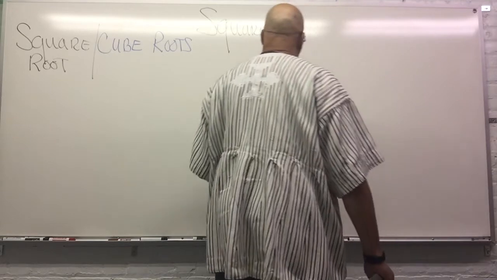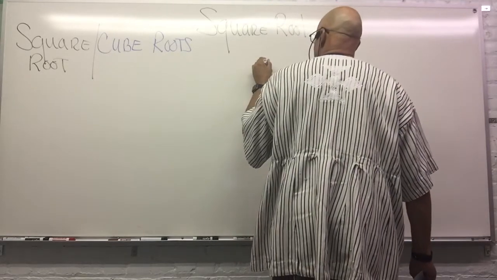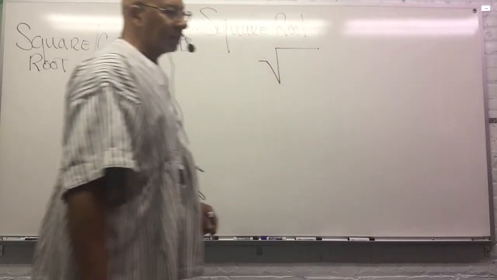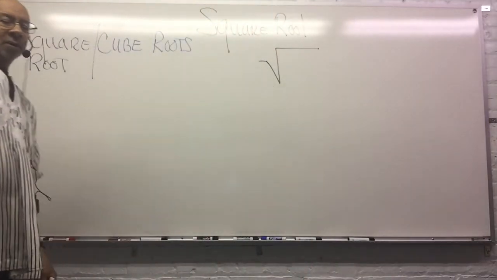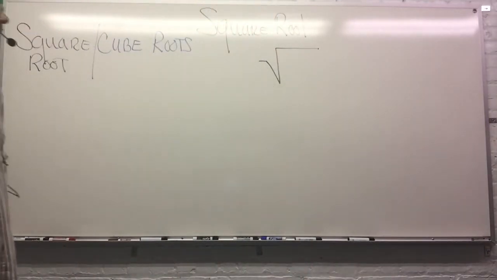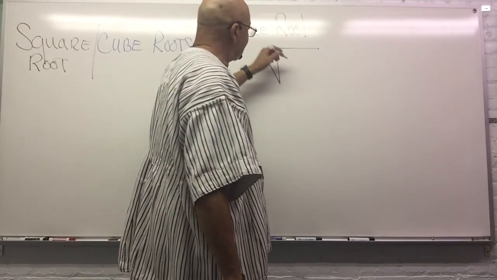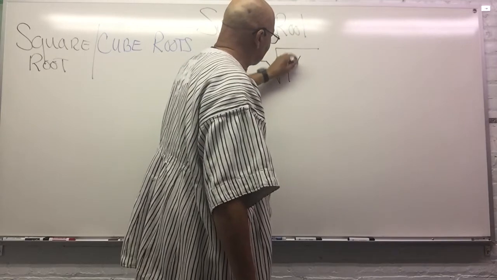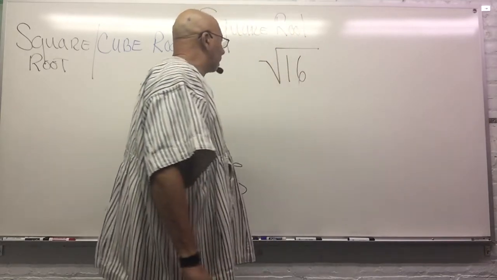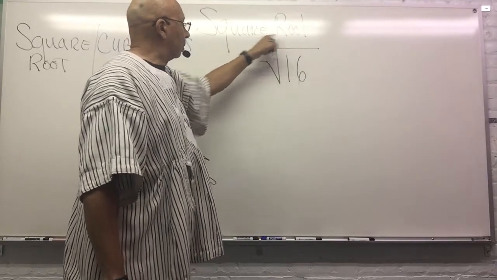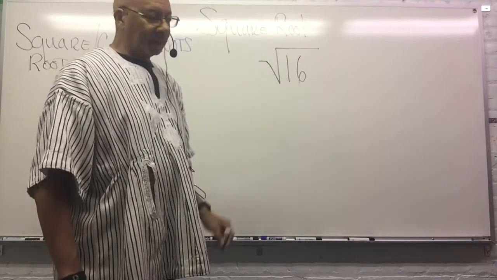Square root has a symbol, it looks like a division sign, but it has a little slanted front to it. And let's say we have the number inside, let's say it is 16. And if there's nothing here, we know it means square root because we don't see anything.